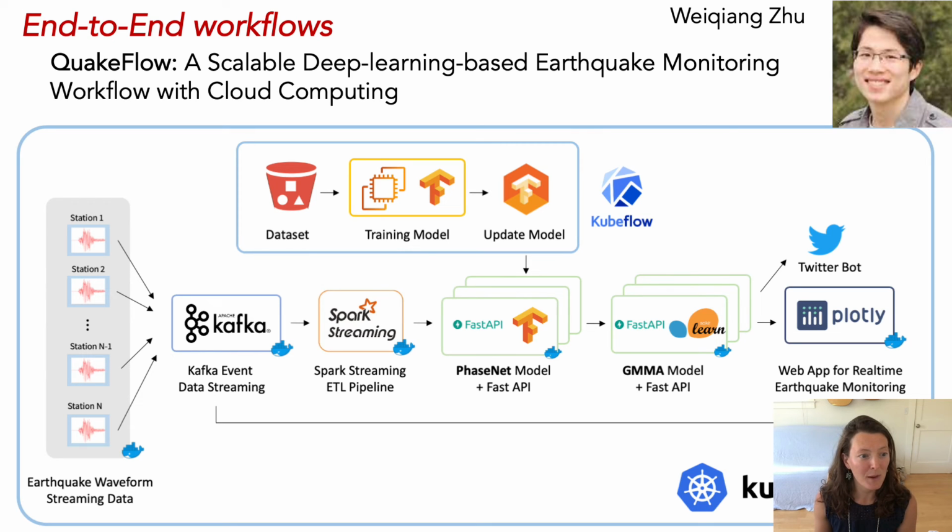I think he has two cloud providers possible, where everything is containerized, everything is nicely orchestrated with Kubernetes, and the data streams in. He applies his machine learning modules like phase picking and location, and outputs a warning or an alert. So these are end-to-end workflows that we can create on the cloud.